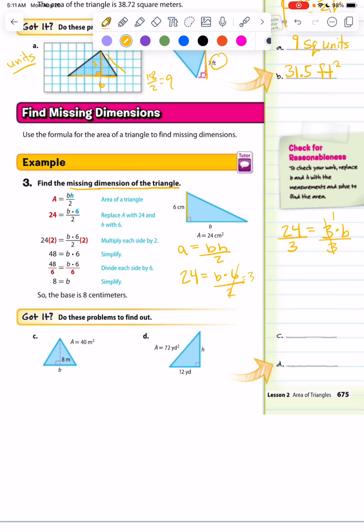Well, if you're not sure, skip count off to the side. 3, 6, 9, 12, 15, 18, 21, 24. There's our number. 1, 2, 3, 4, 5, 6, 7, 8. So we have 8 equals b.